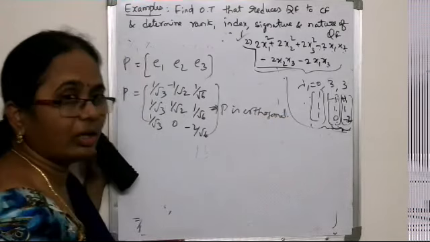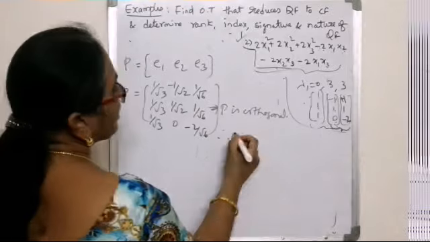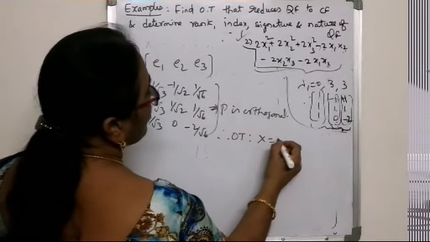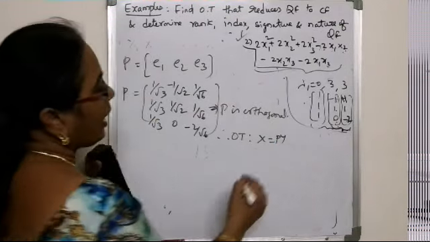Because this P is always orthogonal, using this P we can have the orthogonal transformation x is equal to Py.